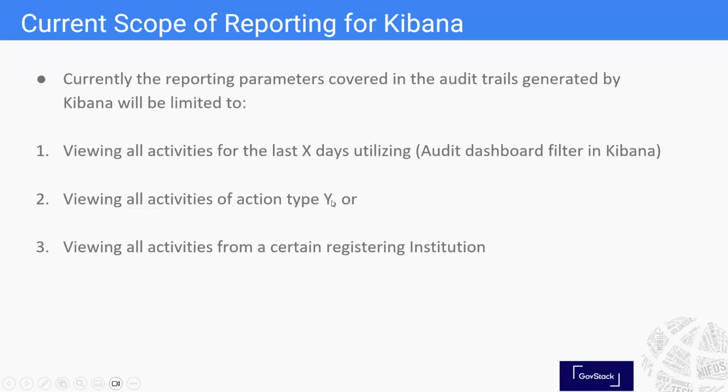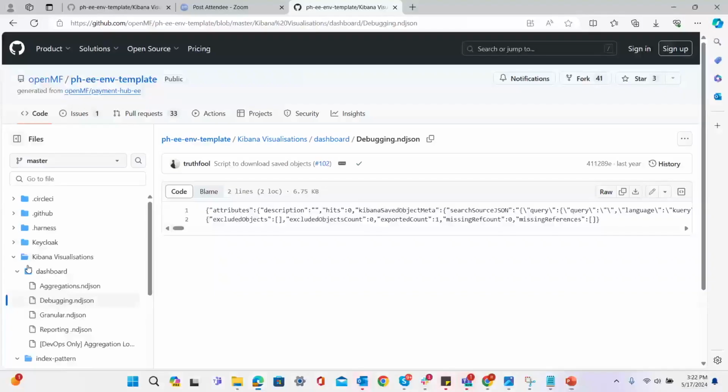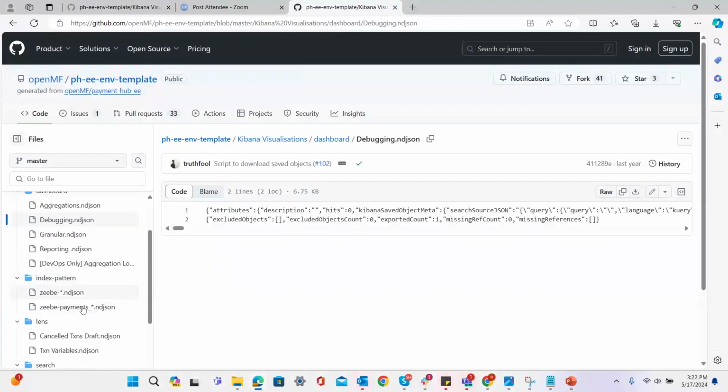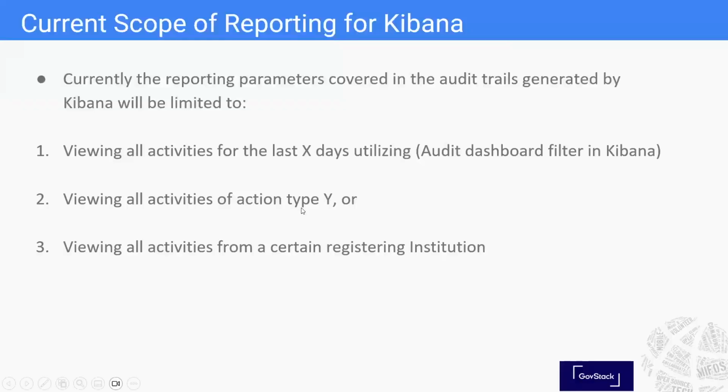Now, as we move forward, we'll see, as I just showed you in the CircleCI file as well, when we were talking about the index pattern, that it is going to be picking up some information from the ZB orchestrator. This action type is related to that. So all the BPMN that have been defined in the ZB orchestrator, it picks up, it defines an index for those actions.